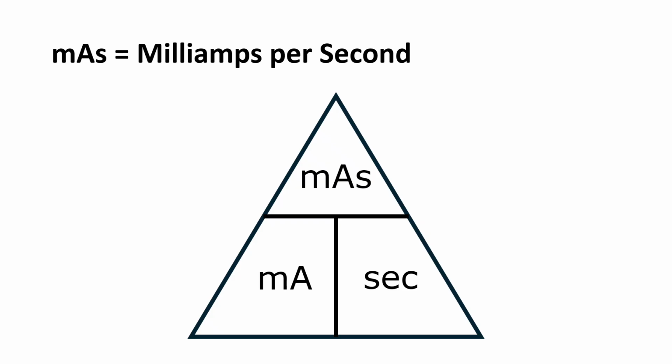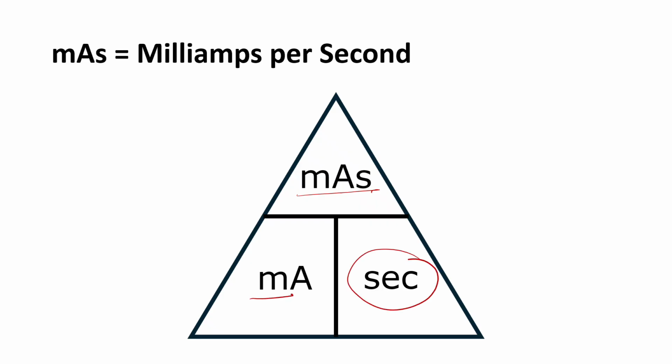So for example, if we have mA and time and we want to calculate mass, all you have to do is multiply these two together. So mA times seconds equals mass. Now, let's say you're given mass and mA, and they want you to calculate time.